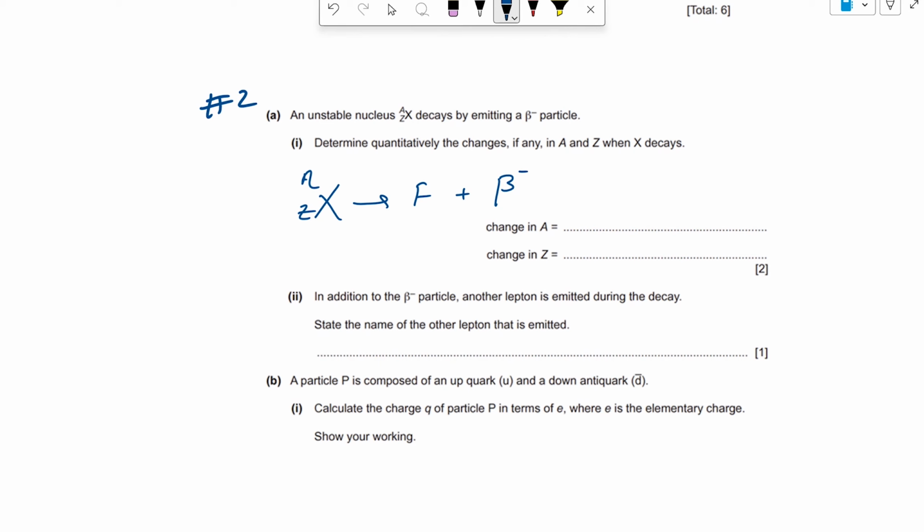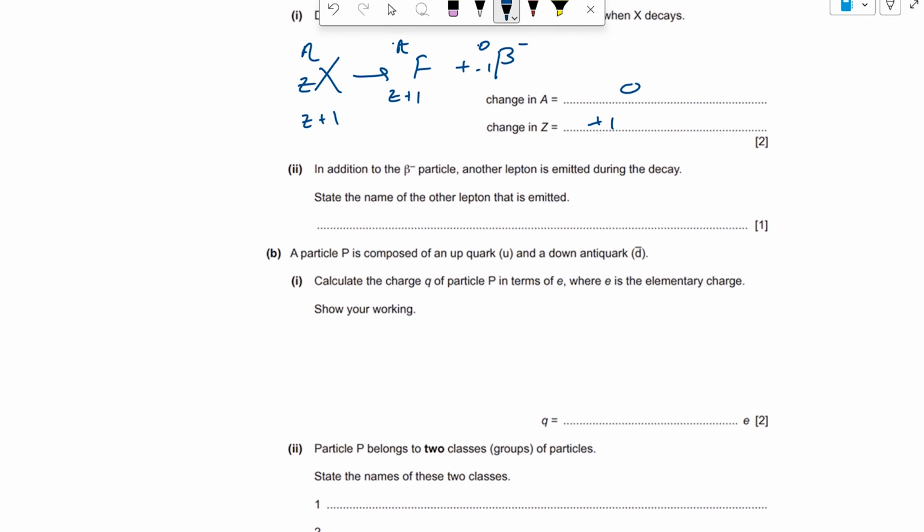We know the change in A is going to be 0 because a beta particle has 0 as a nucleon number, whilst having a minus 1 as its proton number because it's negatively charged. So the change in Z is going to be plus 1. The change in A is going to be 0 because there is no change. The nucleus is going to be A, Z plus 1. That's it.